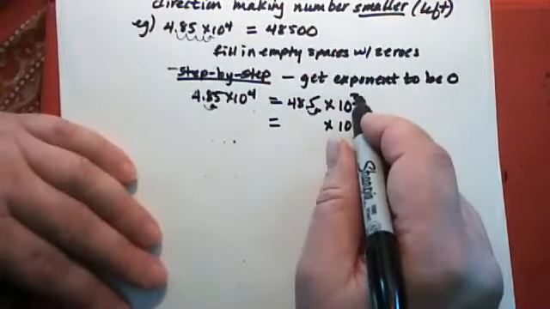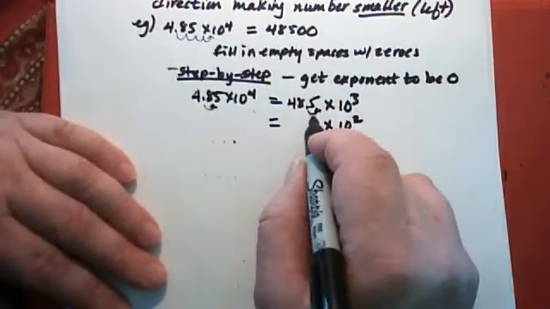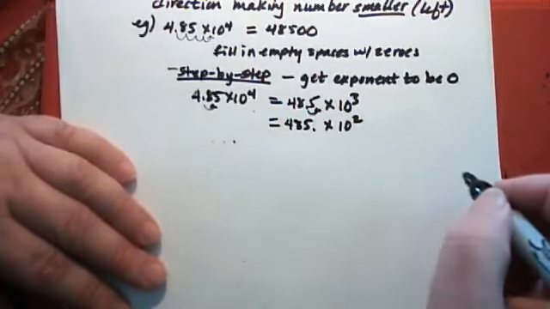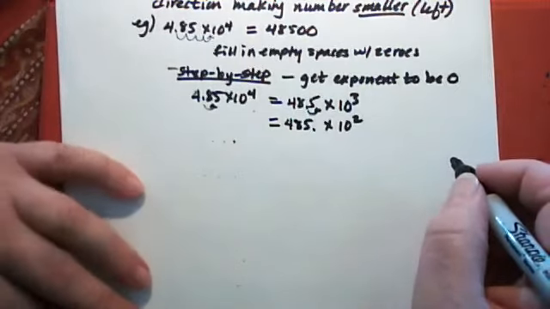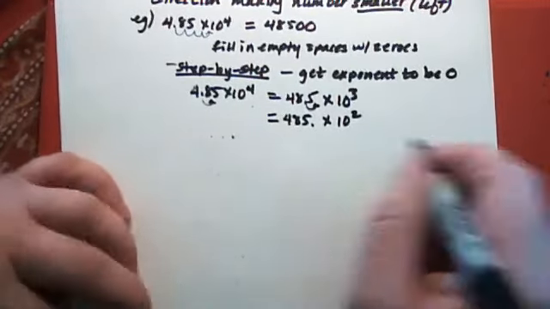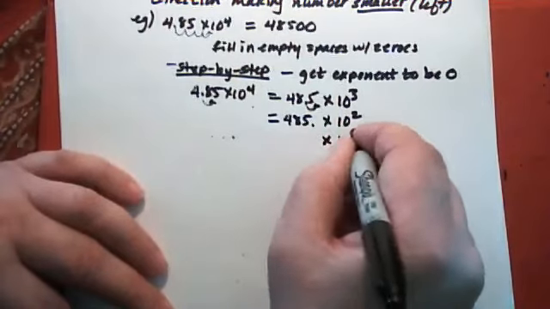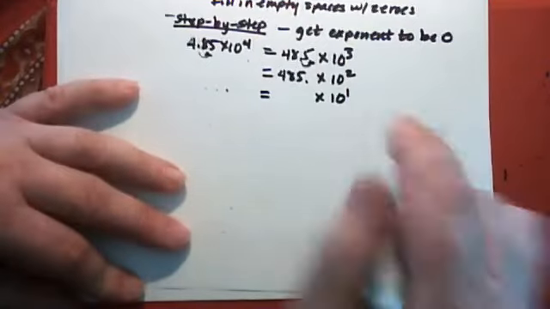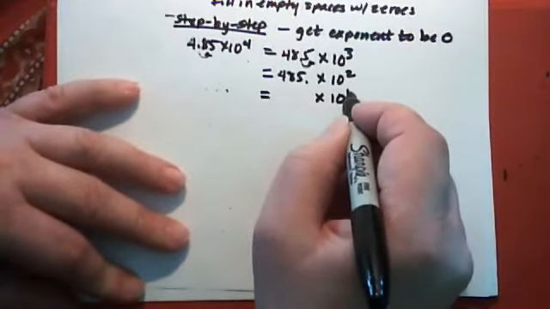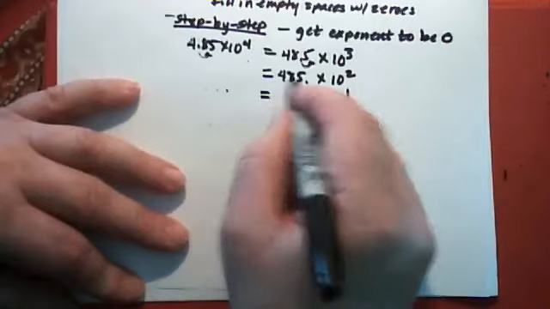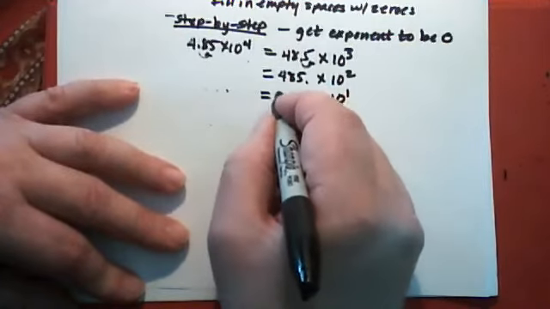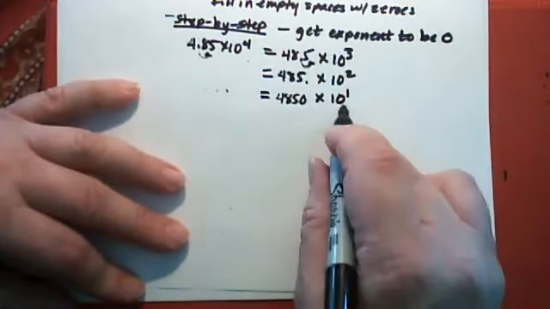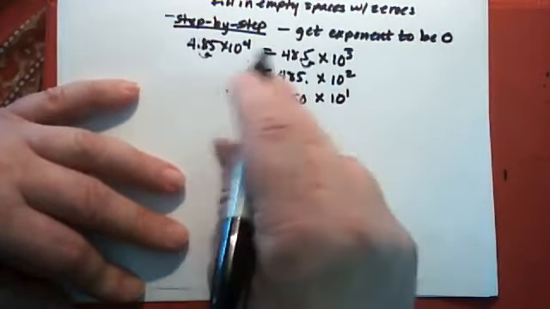Again, the exponent has gone down, so the first part of the number has to get bigger. So it's 485 times 10 to the second. Next step would be to make it something times 10 to the first power. Again, the exponent got smaller, so the first part of the number has to get bigger. 4,850 times 10 to the first is the same as all of these other numbers.